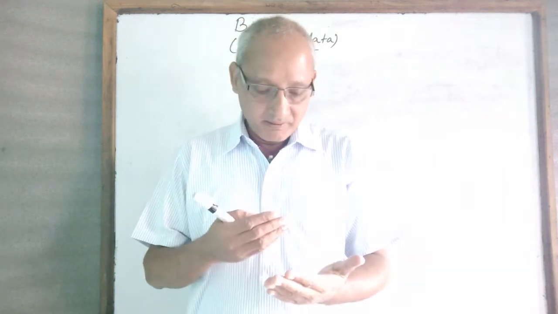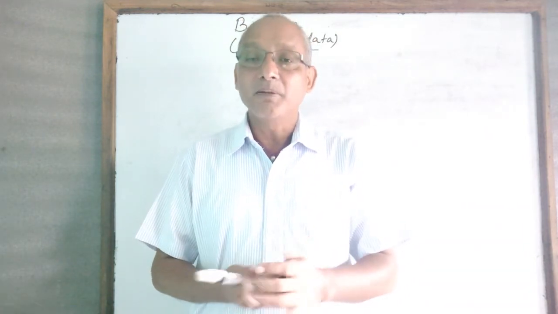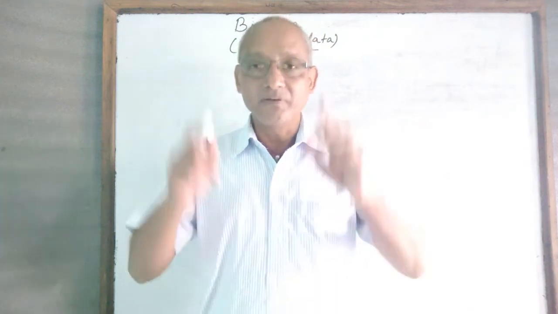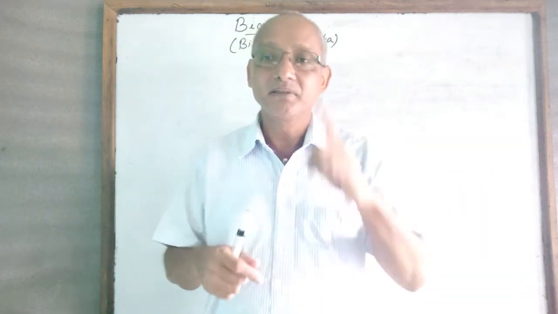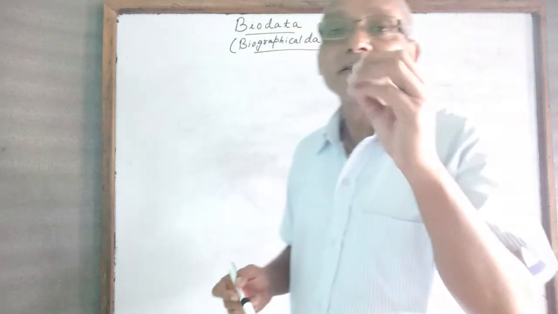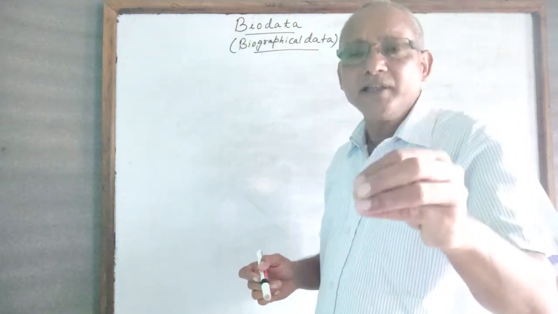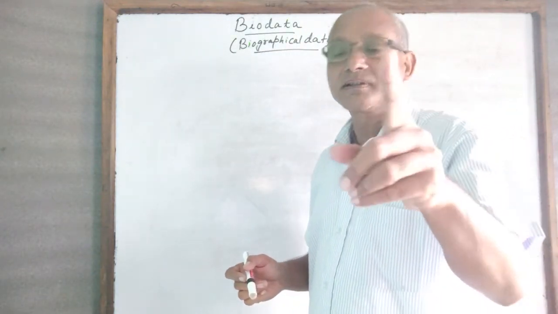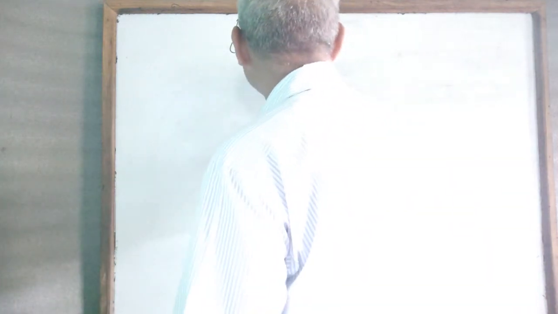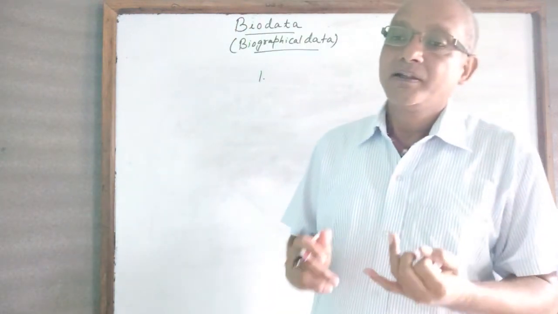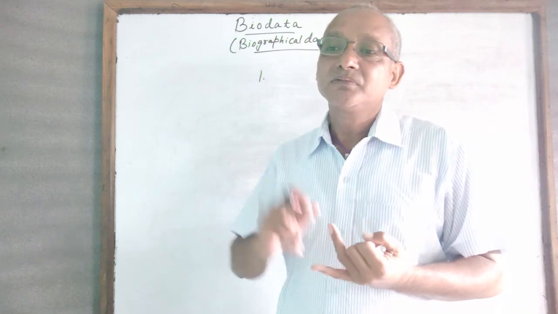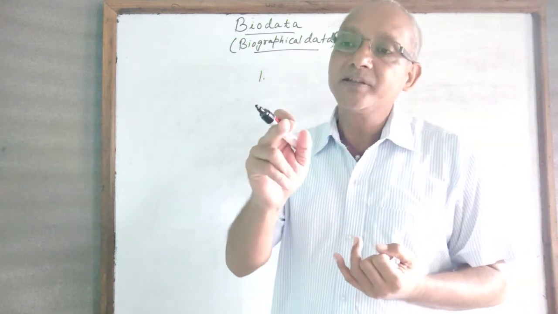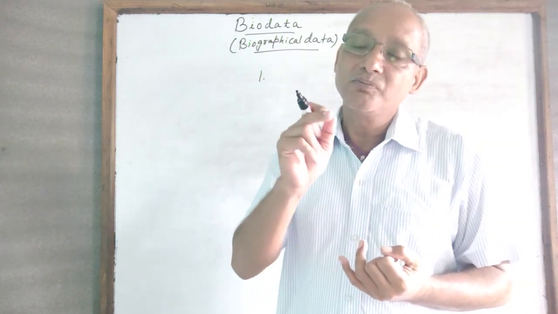So let's be very careful about the 4 things when we are framing our biodata. Number 1, the recipient will always be looking to answer questions. The first is: is this candidate good or fit for the position?